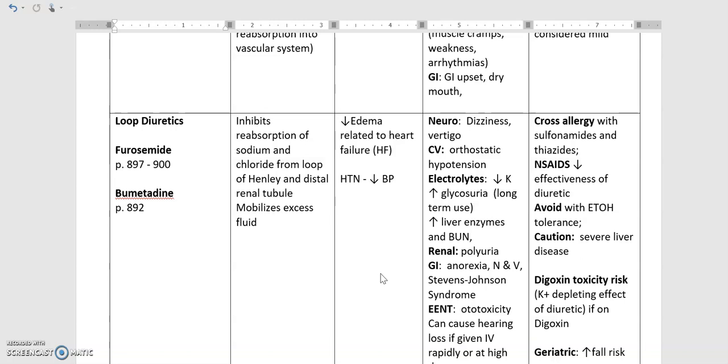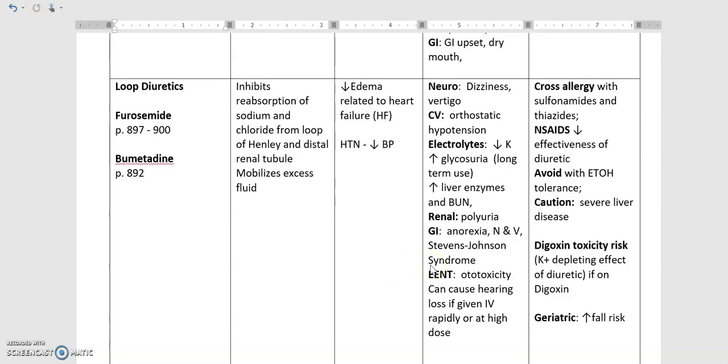A decrease in potassium, increase in glycosuria with long-term use, increase in liver enzymes, and elevated BUN can indicate that the liver and kidneys are being affected by a loop diuretic. Polyuria occurs, again, because of the excessive urine excretion as sodium and water are excreted. And patients on loop diuretics can exhibit some ototoxicity or some hearing loss if this drug is given IV too rapidly or at a very high dose.